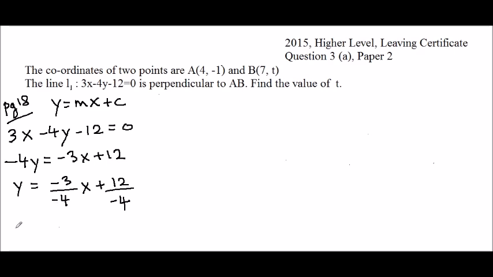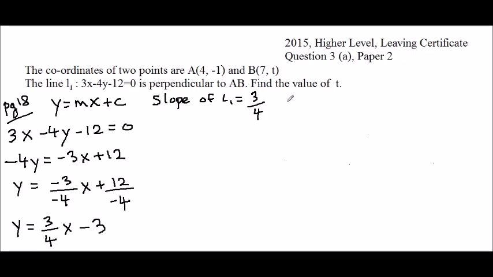The minus signs cancel. y is equal to 3 over 4 x plus 12 divided by minus 4 is minus 3. And so we have found our slope, which is 3 over 4. So let's write over here, slope of L1, 3 over 4.